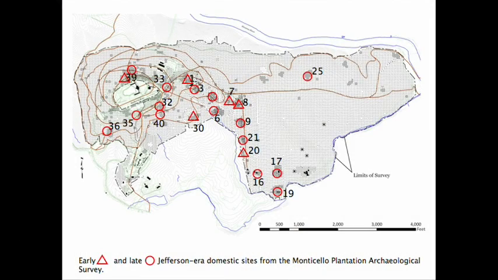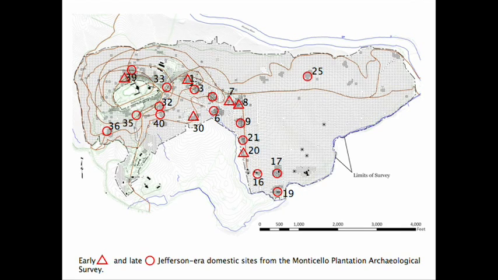Here's a map of the Monticello Department of Archaeology survey on Monticello Mountain with the discovered archaeological sites. I think up to 40-some now, including those off the mountain. And about two-thirds of those are domestic sites of the Jefferson period. So if you look at the mountaintop, do I have a pointer here?